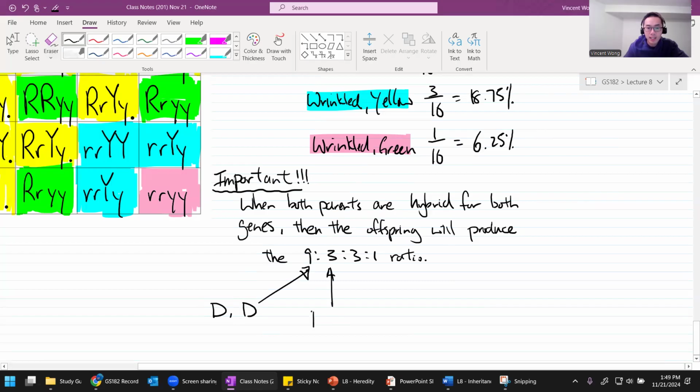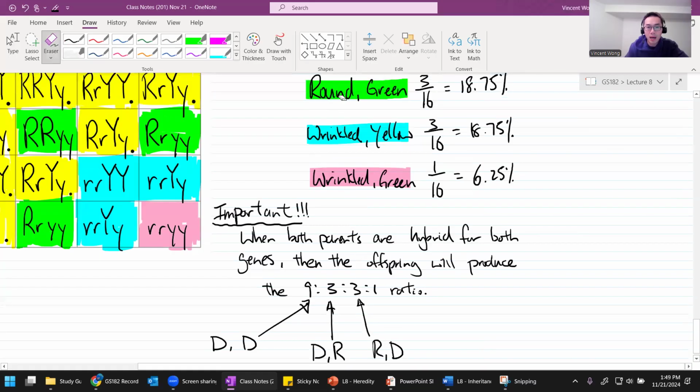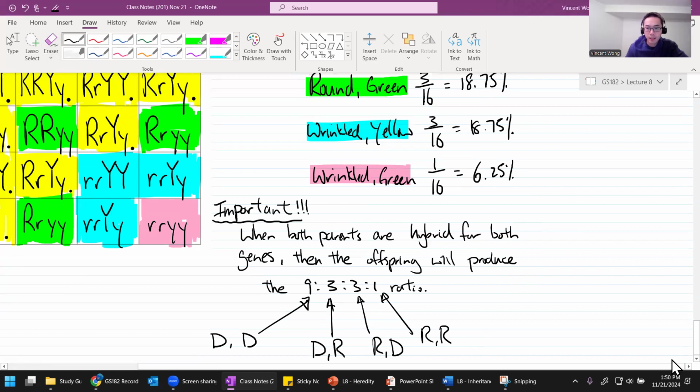For the 3, it's dominant for one trait, but recessive for the other. Similarly, the other 3 is recessive for one and dominant for the other. Right, you can see round, which is the dominant one, combined with the recessive green. And then here, the recessive wrinkled is combined with the dominant yellow. So either combination, dominant recessive or recessive dominant, that would be 3 out of the 16. And finally, the 1 is recessive recessive. Okay.